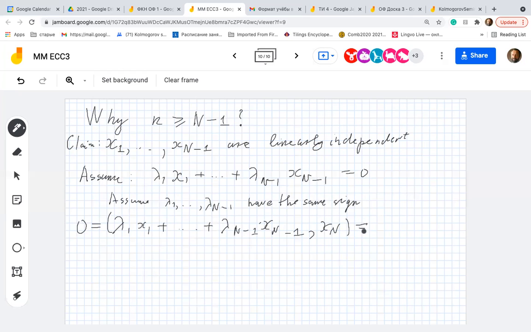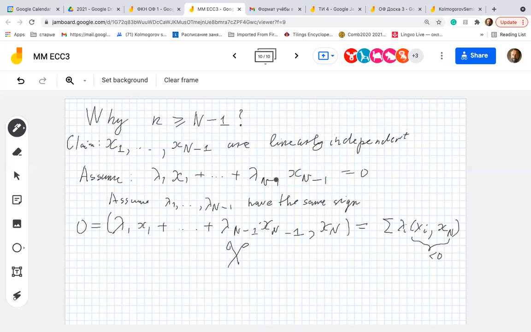On the other hand, we can use the linearity of inner product and express this as a sum of lambda i xi times xn. And here we know that all these inner products are negative, and all lambda have the same sign. And so at least one of those lambdas is non-zero. Hence, in the right-hand side, we have a sum of expressions of the same sign, and at least one of them is non-zero. And so such a sum can't be 0, and we have a contradiction.